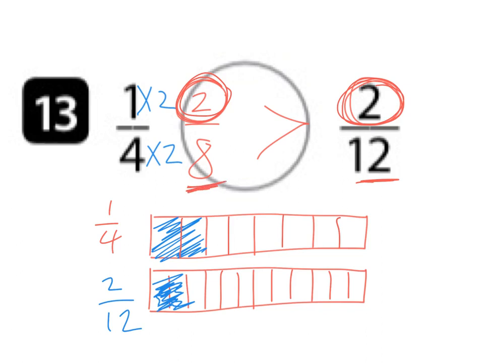I know that my 8ths will be larger pieces than my 12ths. So that's how, when you have your numerator being exactly the same, you know that whichever denominator is smaller is going to be your larger fraction. So 1/4 is greater than 2/12.